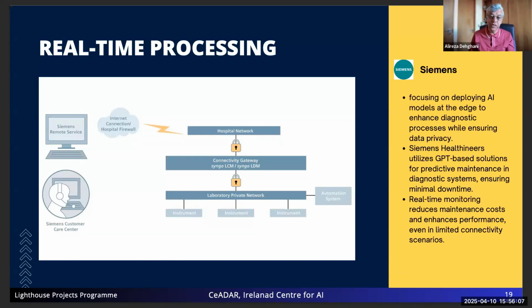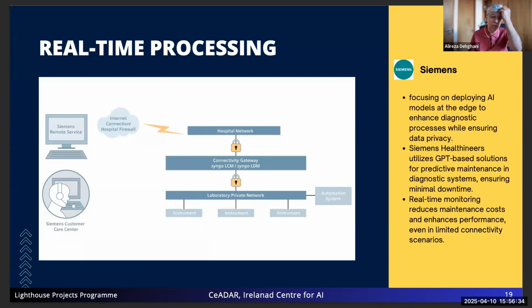They are also able to protect the privacy of the data, so they can be used in healthcare. Over there, you have the opportunity to use it in a lot of healthcare applications and so on and so forth. So that's an application from Siemens that we can use in different applications.